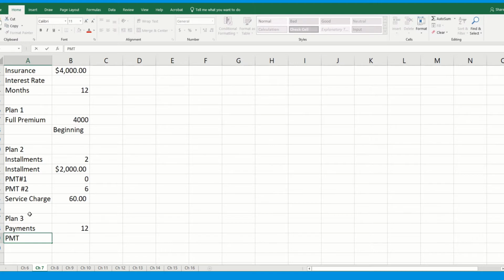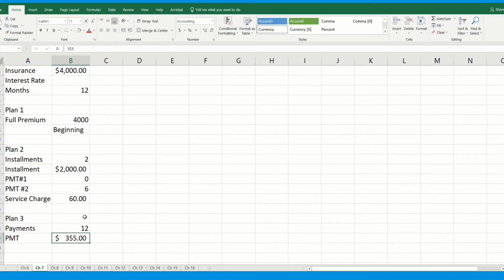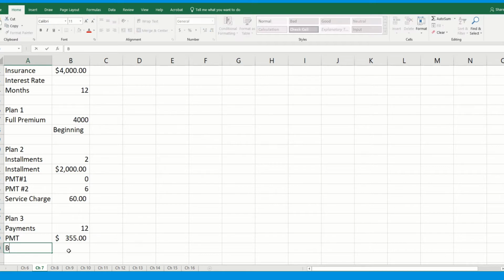And our payment is going to be $355. Okay, so we have our values in here. I'll make that a dollar sign because it's $355. And it's going to be at the beginning, at time 0, so beginning immediately. I guess I could put that in there.